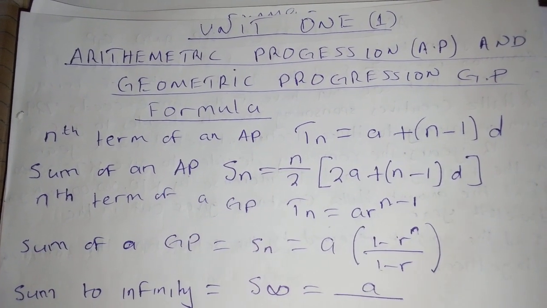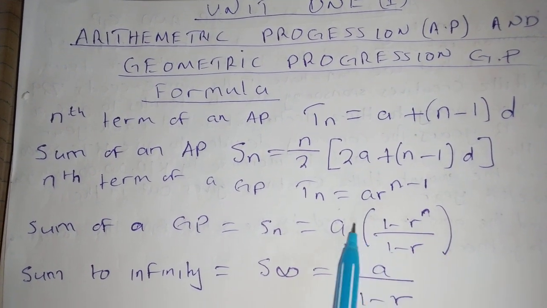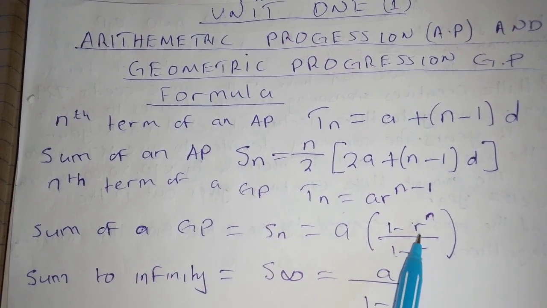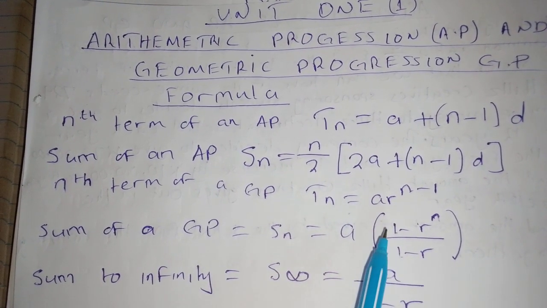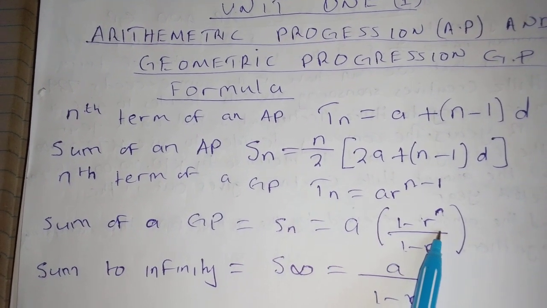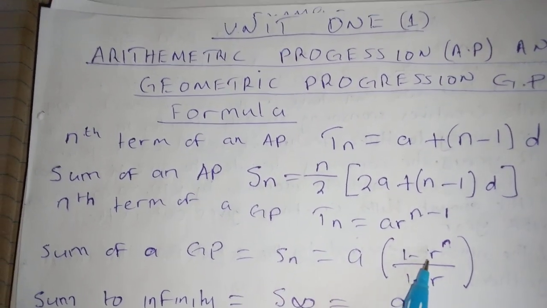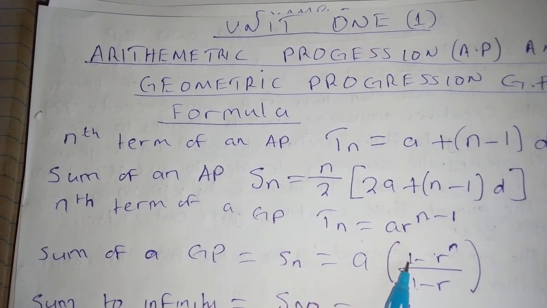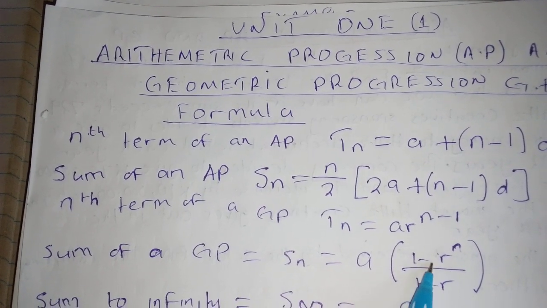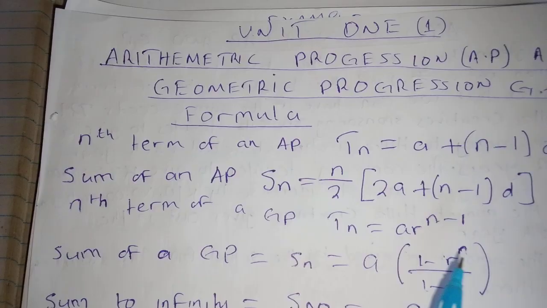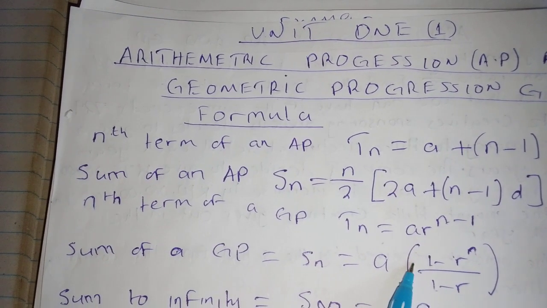For this one, the r can be interchangeable. If r is greater than 1, the r goes to this side; if r is less than 1, the r goes to the other. This is the general formula which we mostly use because r is mostly less than 1.